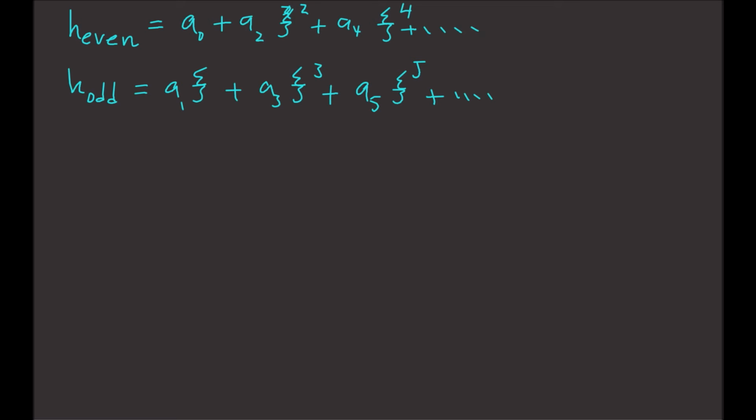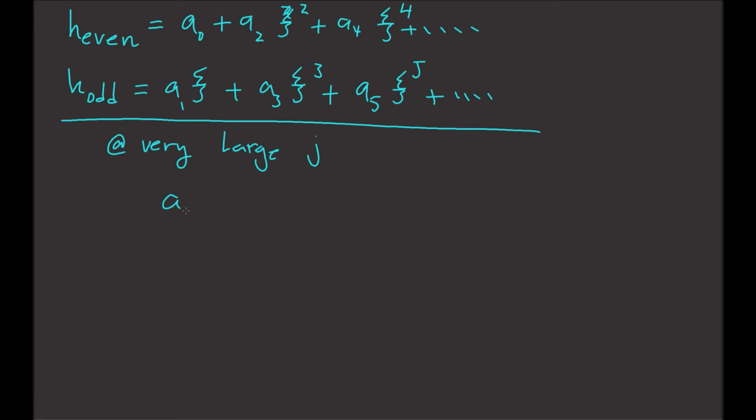So now at very large j, equation number 4 becomes very simple.